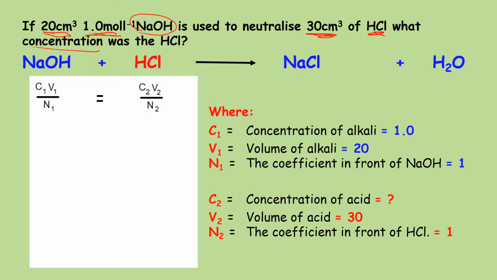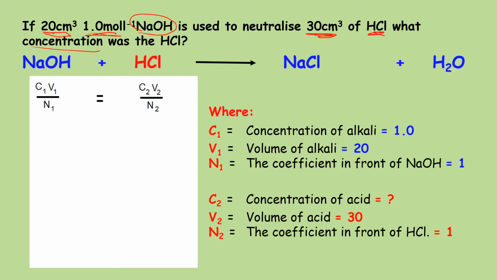Okay, so C1 V1 over N1 is equal to C2 V2 over N2. And then we go through each of those 6 things and we try and figure out, firstly, do we know them? And if we do, what number are they? And if we don't know them, then we can quickly identify which one is the answer to the question.